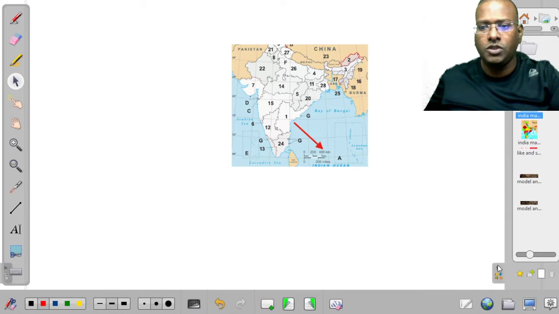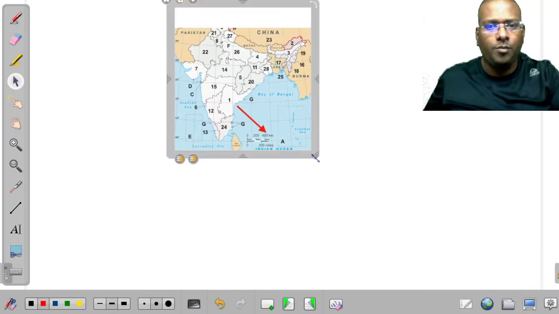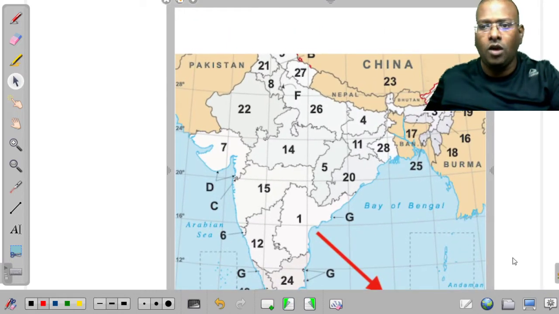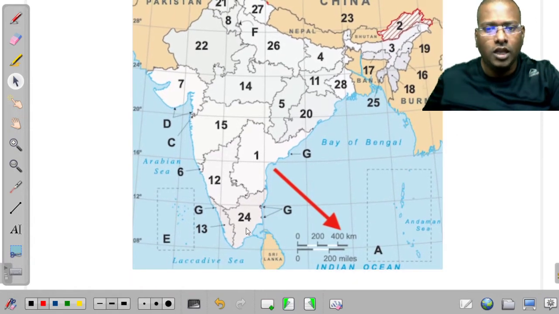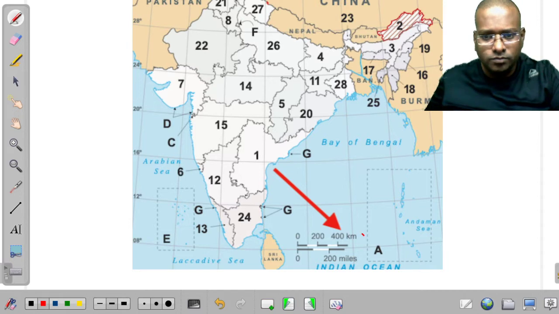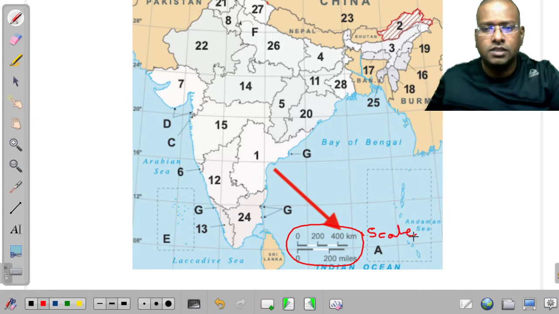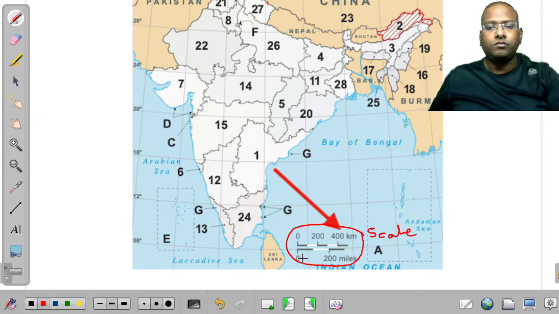Here, if you observe, the same India map will have the scale here. This particular part is nothing but the scale.